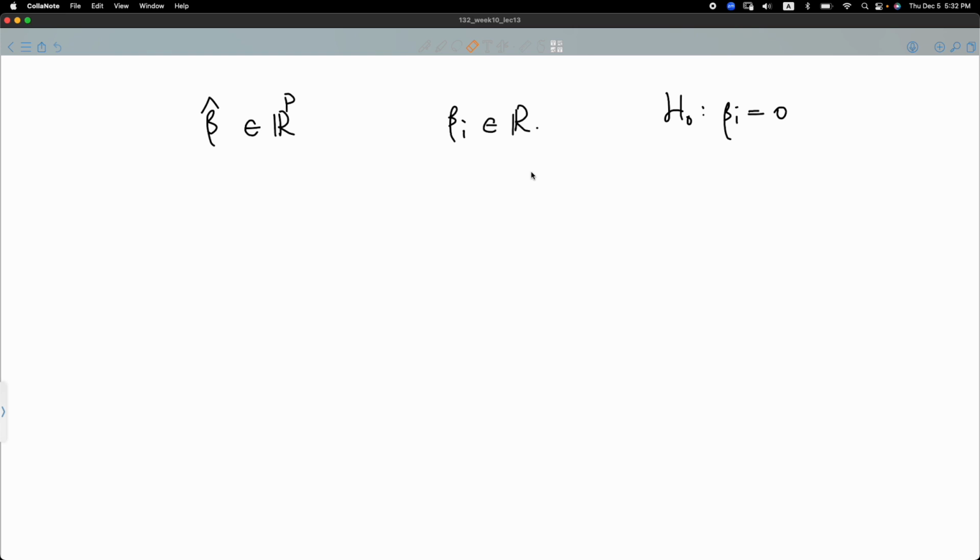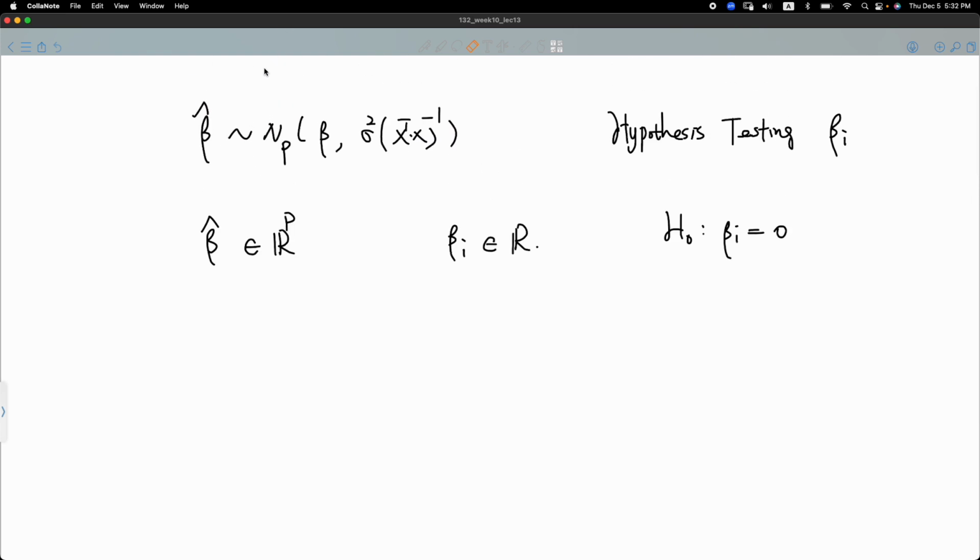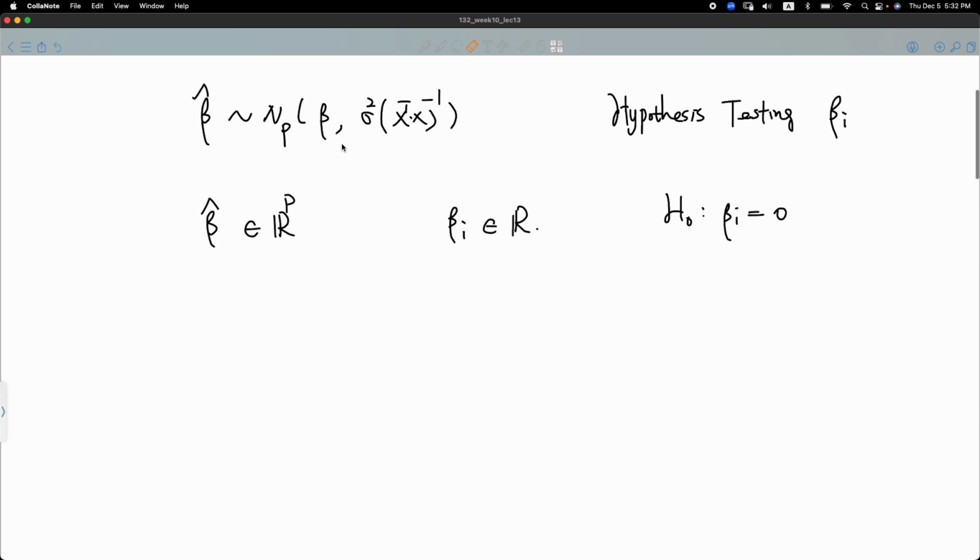Okay. So first of all, we know that the beta hat is going to be normally distributed. So maybe you can start from there to see if that can help us to perform hypothesis testing. So first of all, we can do standardization. So beta hat minus the true value.